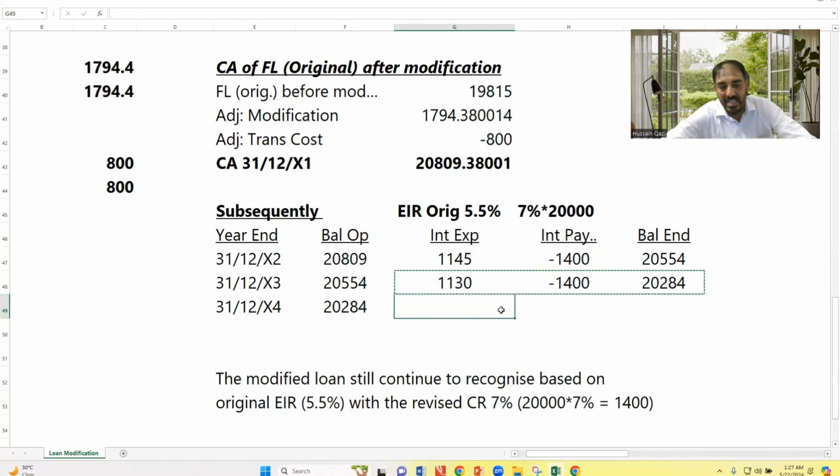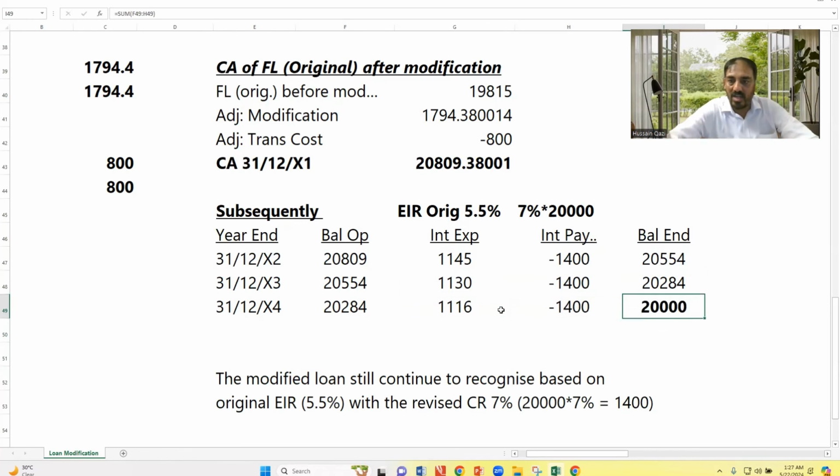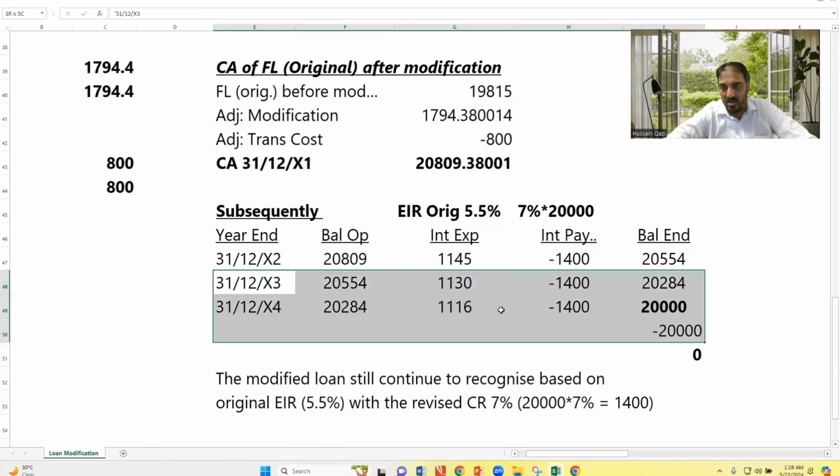What should be the ending value? That equals a total of 20,000. And if you repay the loan, that's minus 20,000. That becomes 0. So this is not the exam point. It's just for the sake of understanding.